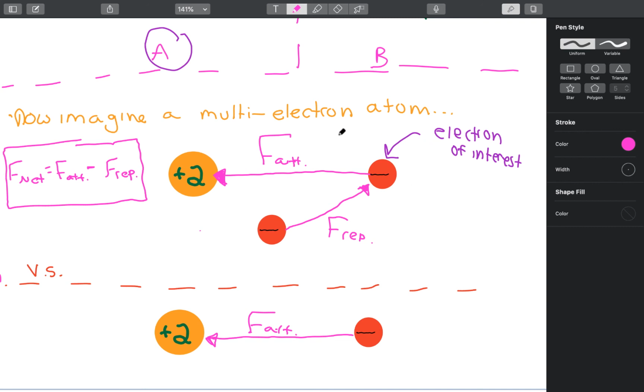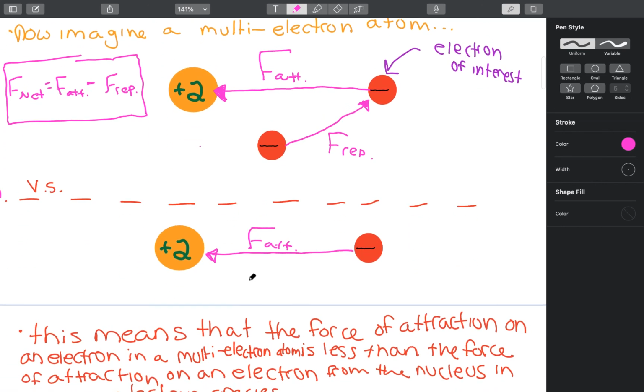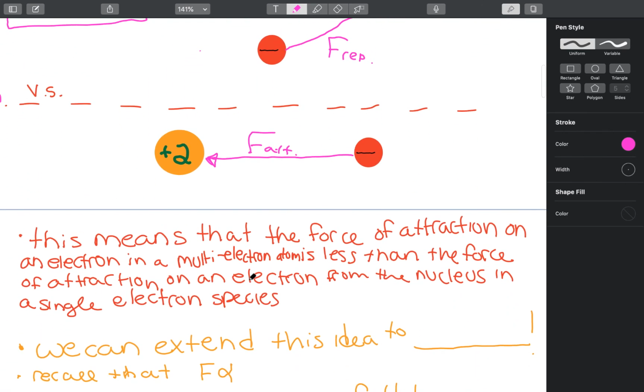So therefore, if you have more inner electrons, our force of attraction will decrease. So let's put that in words. This means that the force of attraction on an electron in a multi-electron atom is less than the force of attraction on an electron from the nucleus in a single electron species.